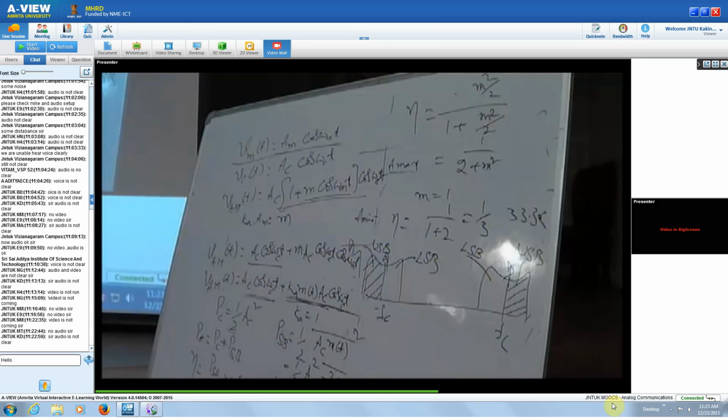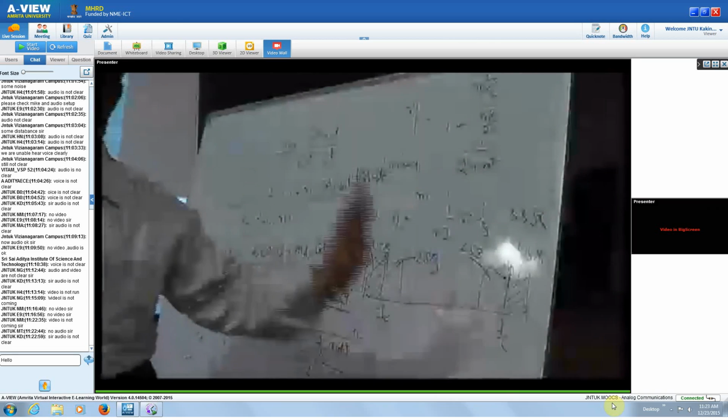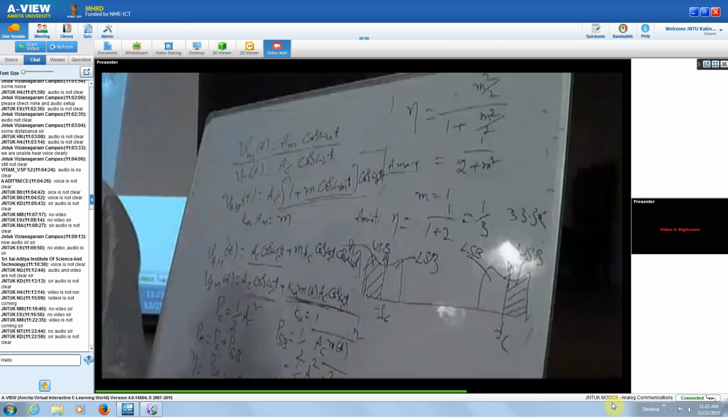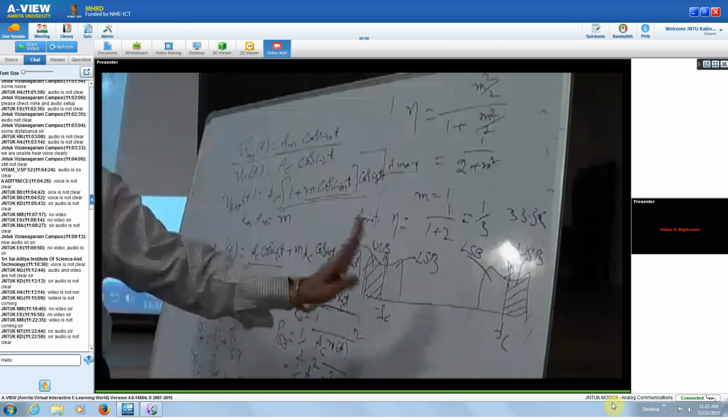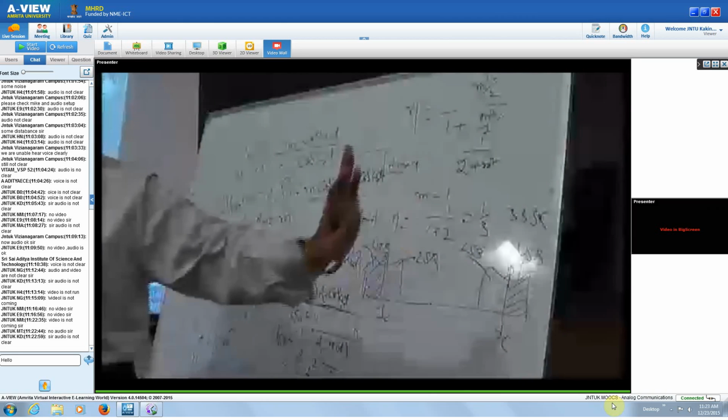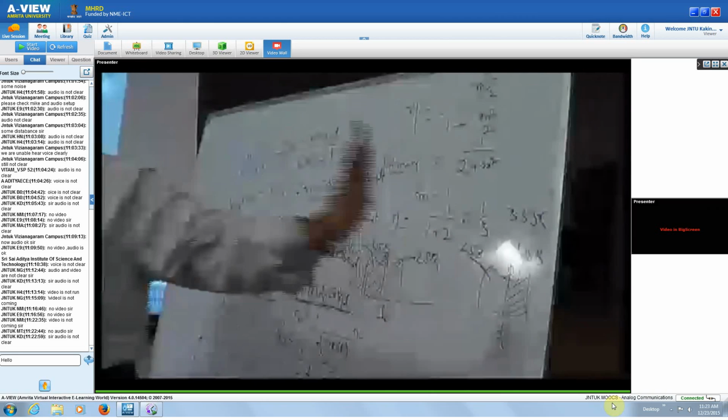So your entire information power is only in these two side bands, right? Half of that will be in each side band. That means, if you have m equal to 1, each side band will have 33.3 by 2.